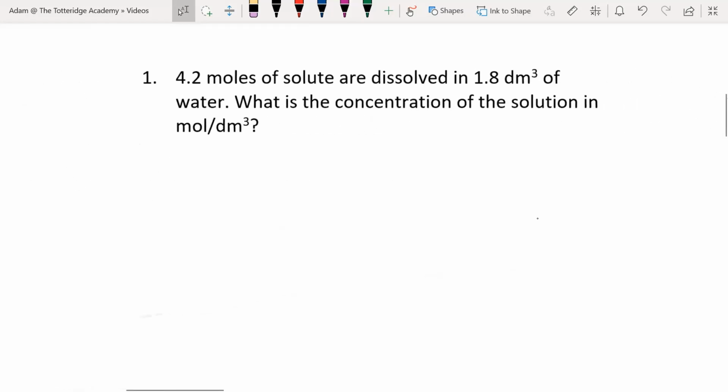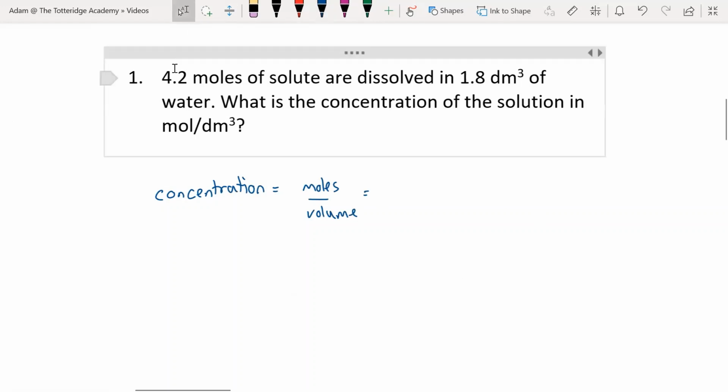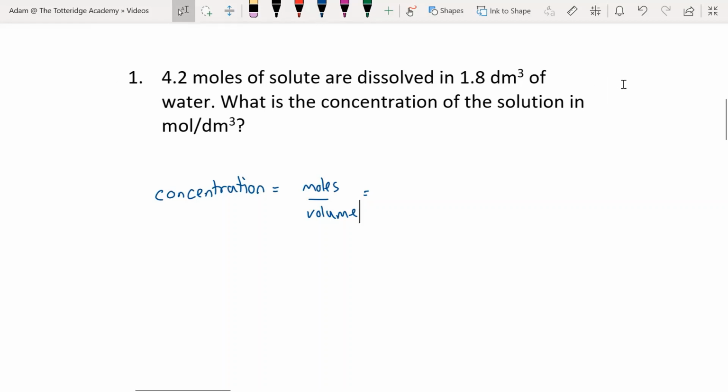Let's start with question 1: 4.2 moles of solute dissolved in 1.8 dm cubed of water. What is the concentration? We know that concentration equals moles, not males, moles, over volume, which in this case is 4.2, up here in the question, over 1.8. 4.2 divided by 1.8.